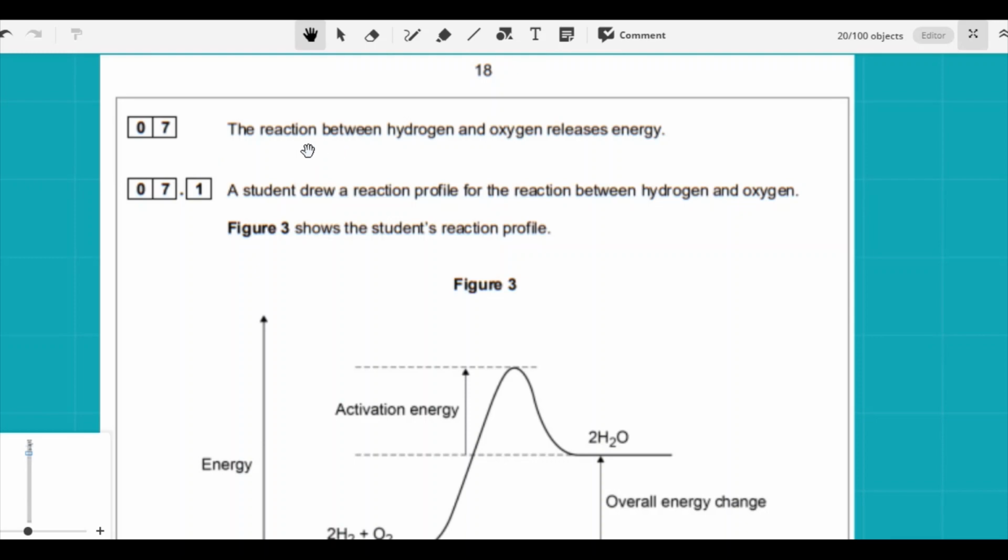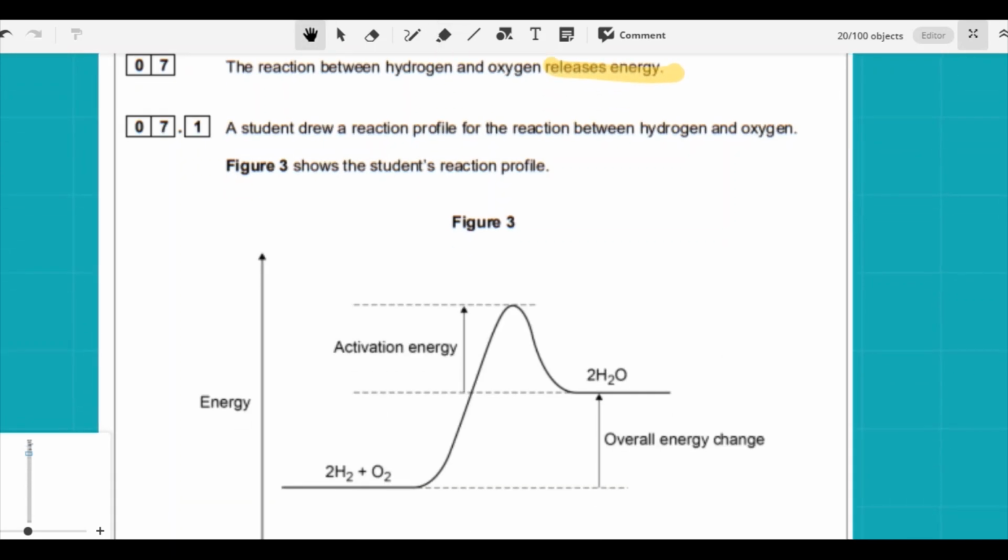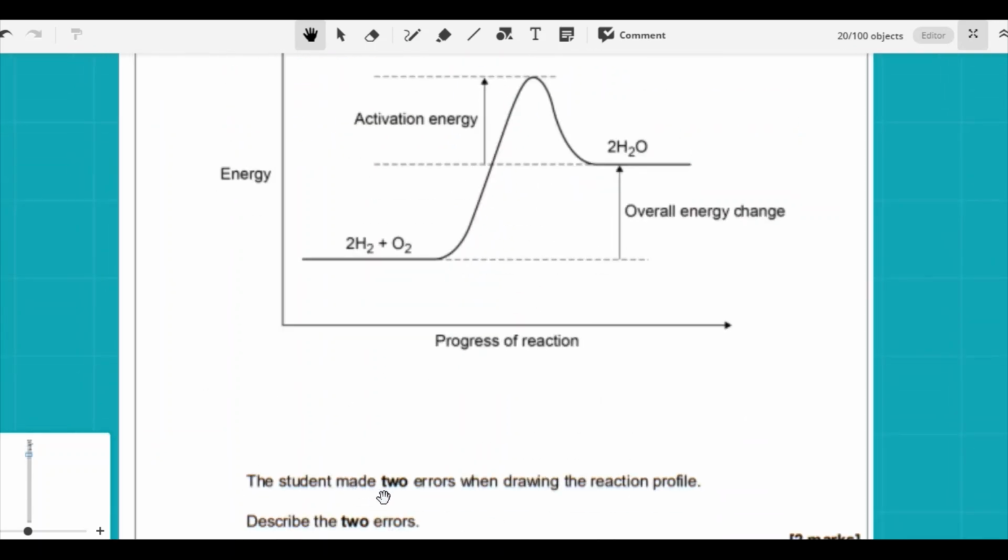Now question number 7. The reaction between hydrogen and oxygen releases energy. A student drew a reaction profile for the reaction between hydrogen and oxygen. The question is, the student made 2 errors when drawing the reaction profile. Describe the 2 errors.